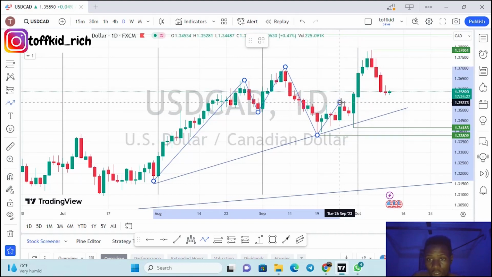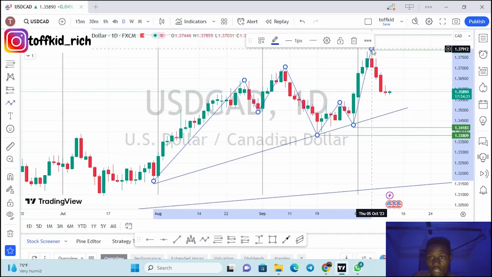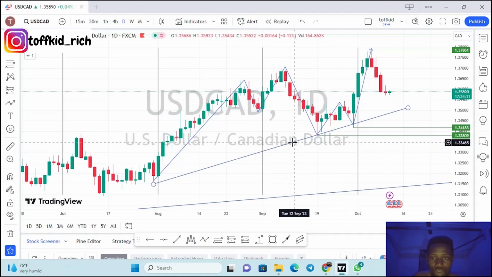Then we have our higher low, then our higher high, then a higher low here, and another higher high right at this point. Now we have been able to identify the structure of the market, which is the uptrend, and now we have our trend line drawn super nicely right here.